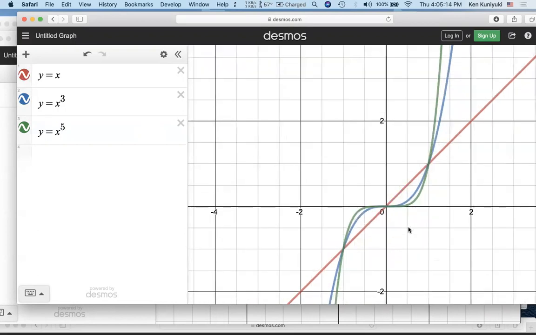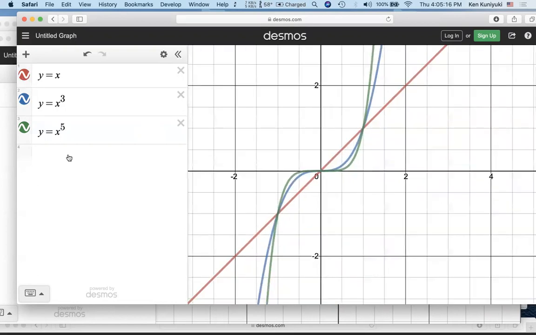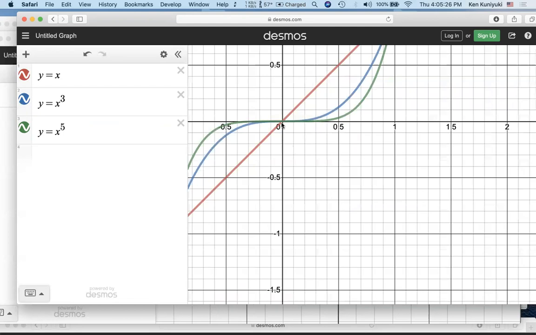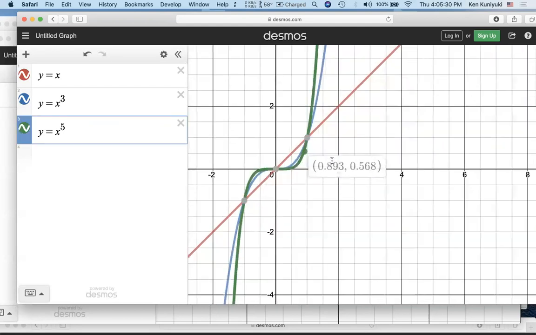So again, if you consider y equals x to a positive odd integer, then we get these snakes. They're steeper and steeper away from x equals 0, but the graphs get flatter and flatter as you get closer to the origin. They all go through the origin. And these all represent odd functions, where the domain is R.